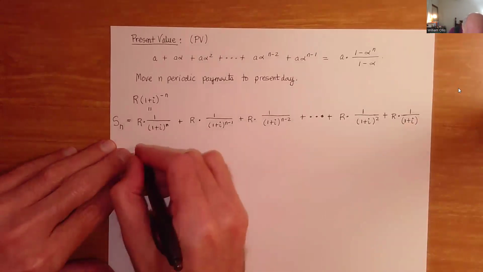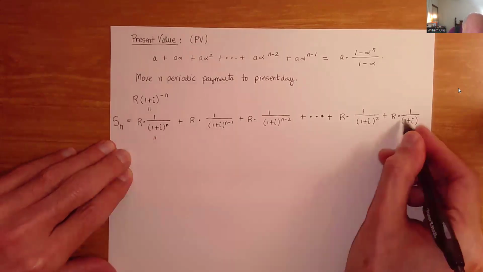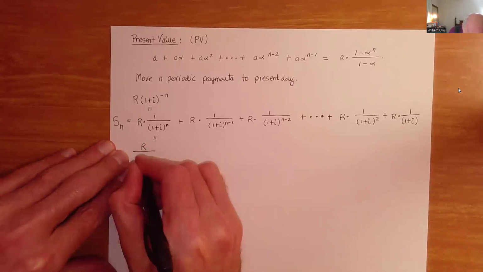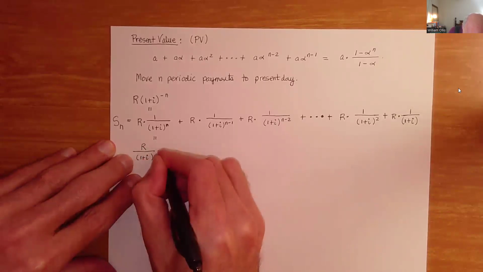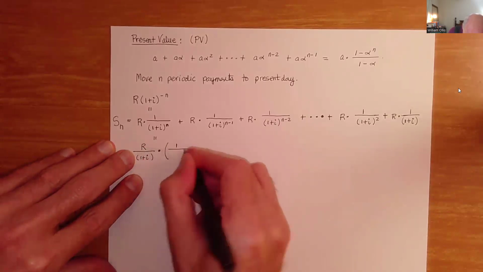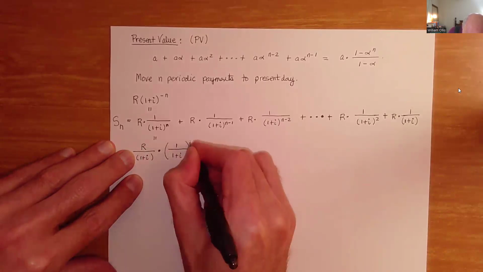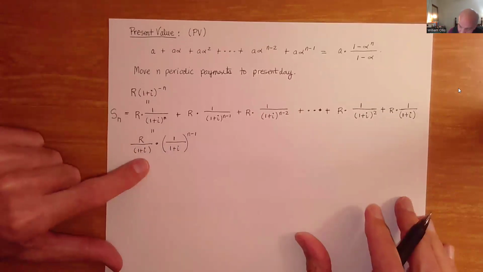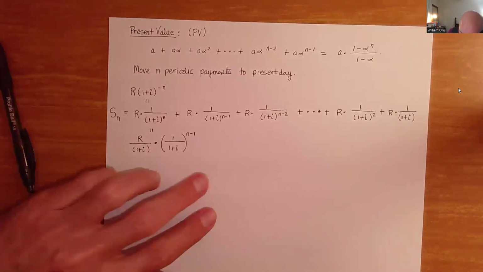Notice this particular term, if we take the A away from it, so we have the R, we have the 1 plus I, and here I'm going to write this with the power on the outside. And I'll just have n minus 1. So our last term looks like this, and our A looks like this. So a little bit different from the last computation.